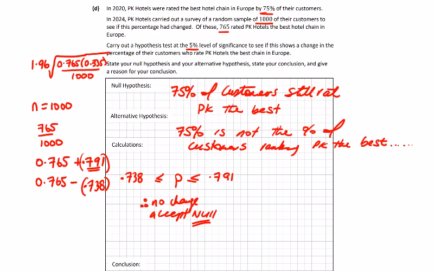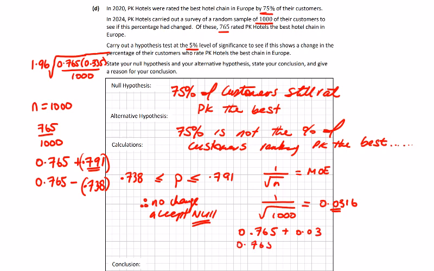They'd also accept a margin of error here. 1 over the square root of n is my margin of error. 1 over the square root of 1,000 is equal to 0.0316. Probably shouldn't make a difference. We'll just take the 0.03. So we'd say 0.765 plus 0.03 and 0.765 minus 0.03.